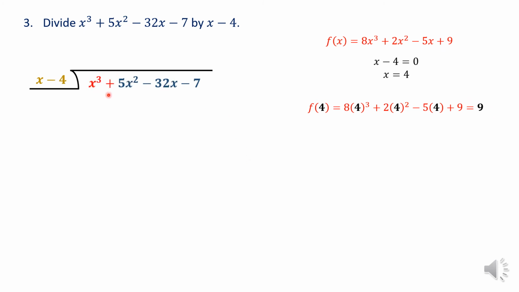So I write down everything as it's supposed to be. And I'm going to start again with x cubed in red divided by x. So I'm going to bring in my side work. X cubed divided by x gives me this x squared, and that's what's going to come up here. Then I'm going to multiply that x squared with the x. That gives you x cubed.